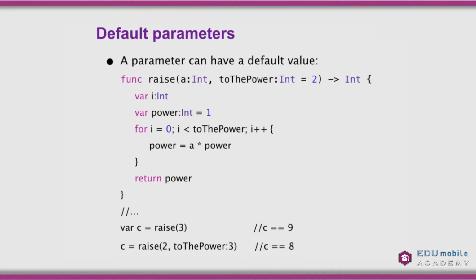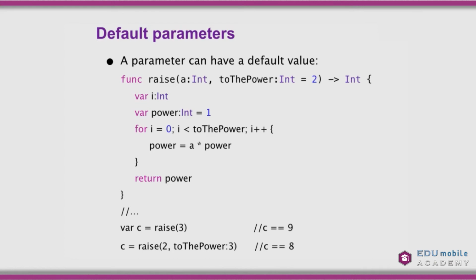If we use a default parameter, the parameter name for the default parameter is made into an external parameter name for us. So when we call this, we need to say raise such and such to the power, and have to use that. Notice, though, that we have it as an int equal to 2, returning an int.